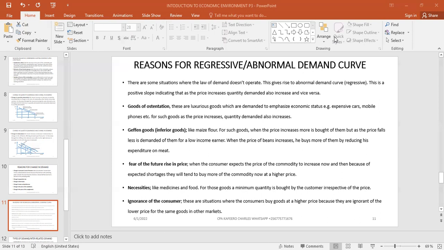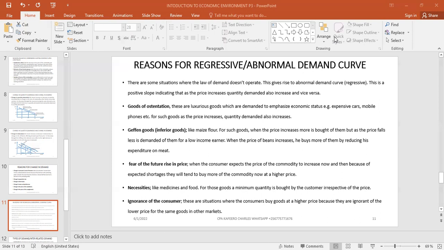The third one, we can talk about fear of future rise in prices. When customers are expecting that the price is going to increase, it may be as a result of shortages, or producers holding certain items to increase the price, customers may tend to buy more of the item even if the price is high at the present time.